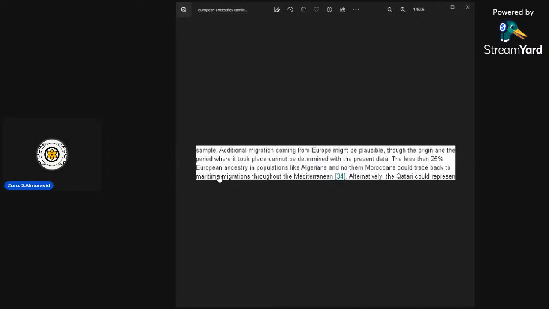An example of these migrations is the Phoenician period, which was characterized by a lot of Roman colonies throughout Iberia, and Carthage also had colonies like Nova Carthago, and the Greeks had colonies in Libya like Cyrenaica, I think Cyrenaica or Cyrenia, and stuff like that.